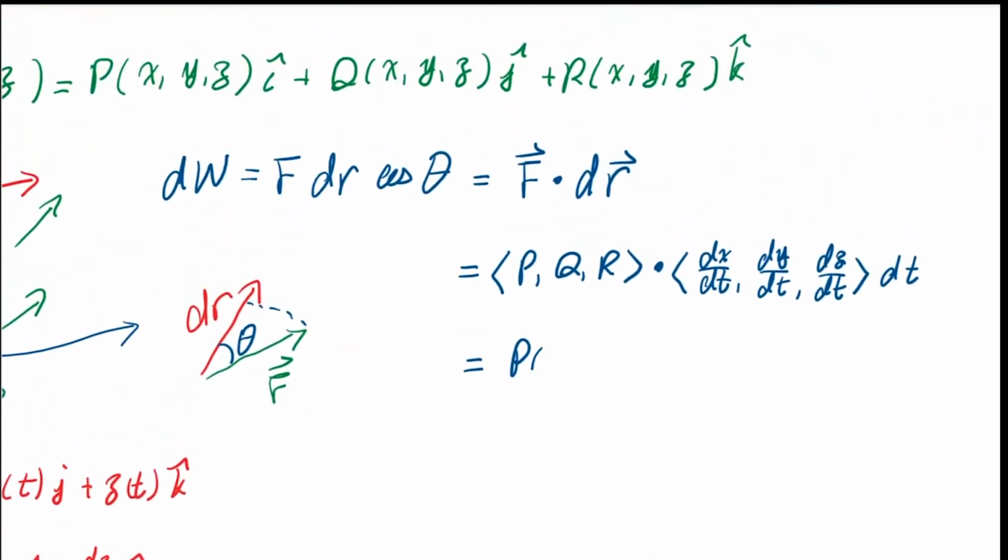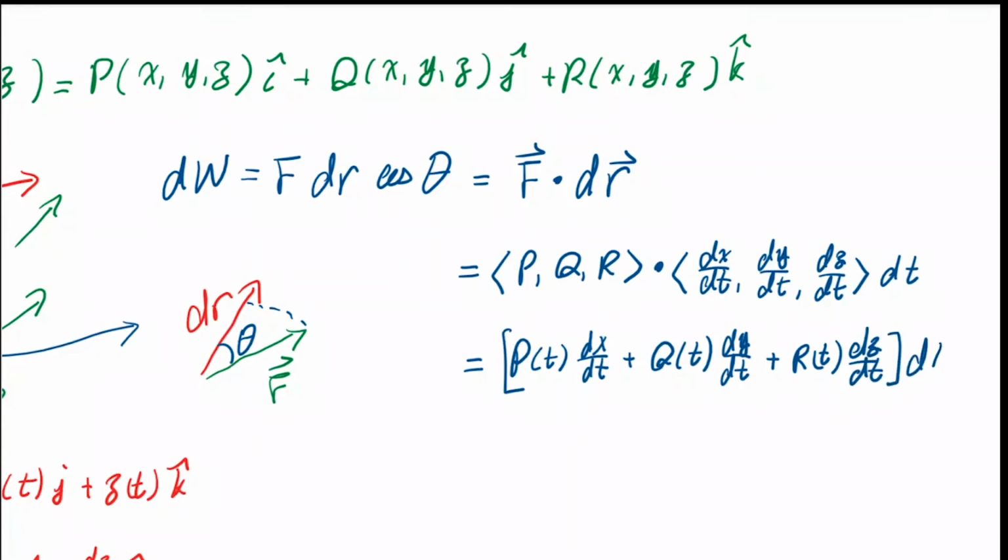So this is P(t) times dx/dt, and dot product you add, so Q function of t dy/dt, and you add your R, which is a function of t now, because x, y, z is all a function of t, and then dz/dt, and then take dt.